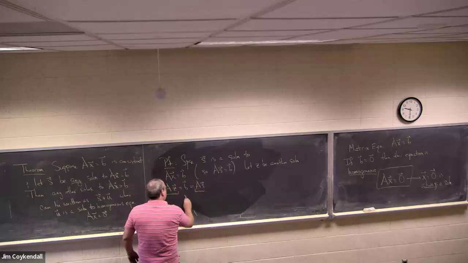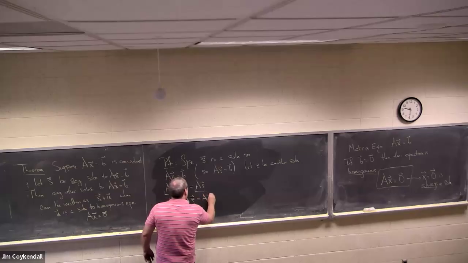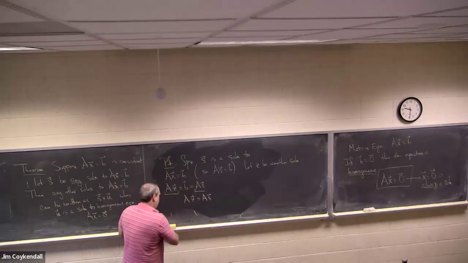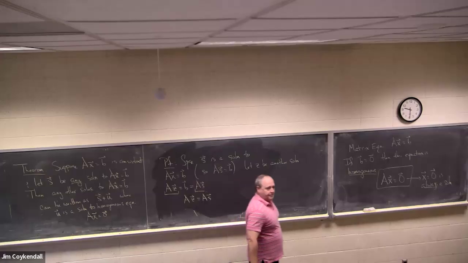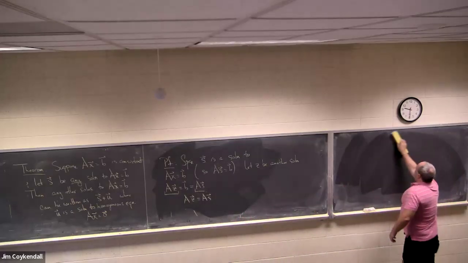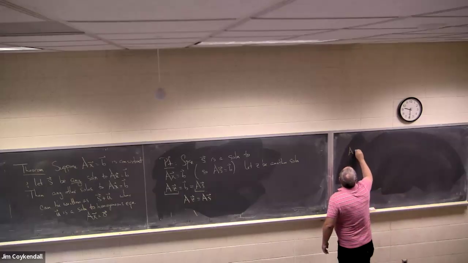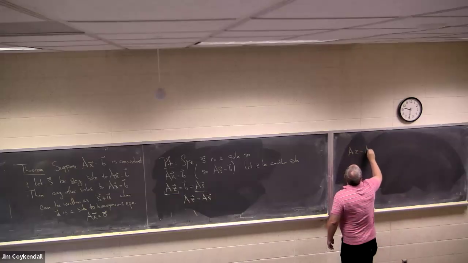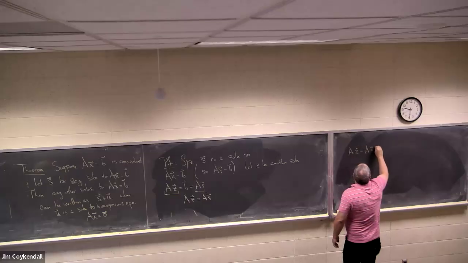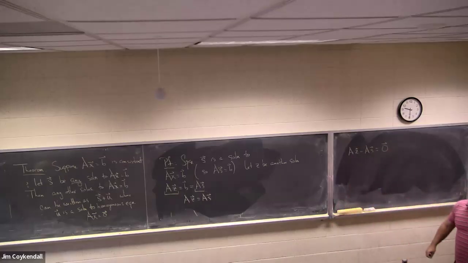So AZ is equal to AS, right? So I can subtract them both, so A times the difference is the zero vector.